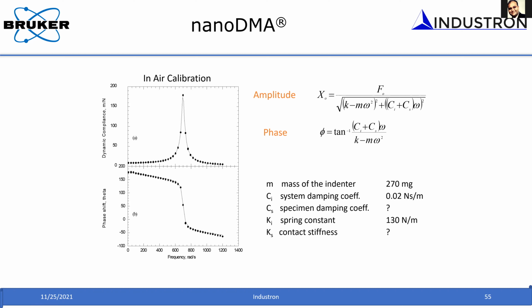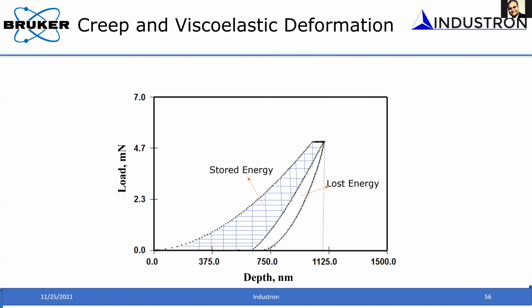Before that, I also wanted to give you an idea of what else you can measure with this technique, because we can apply dynamic force and measure dynamic displacement, that allows us to measure what we call the viscoelastic response of the material, particularly the storage and the loss component. This is a schematic that explains, for example, a typical load displacement curve, this curve I already presented for PMMA.